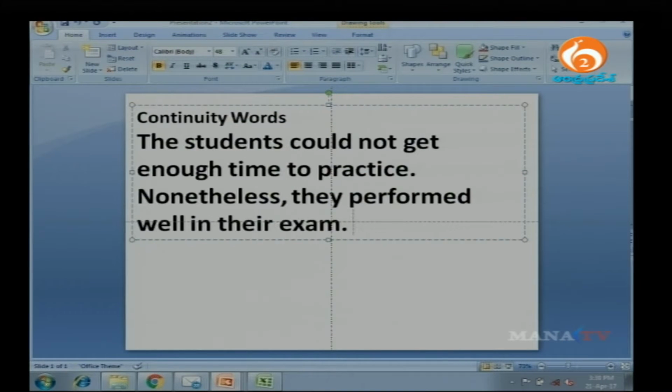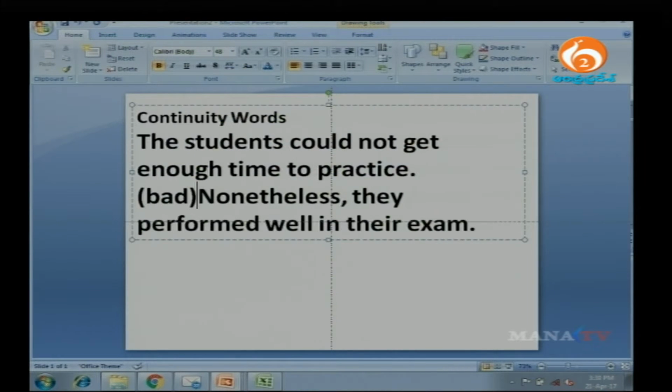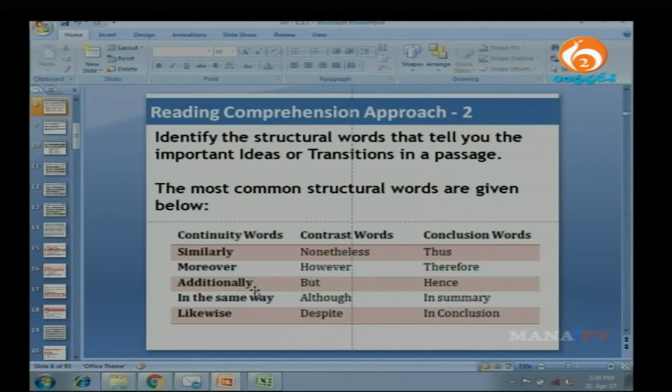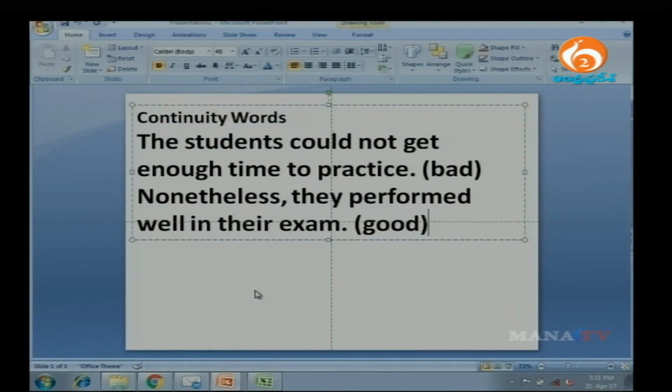Which means the student could not get enough time to practice, which is basically bad, right? Nonetheless, they performed well in their exam. Now, this is good. So, I am saying bad, then I am going opposite to it, good. That is what contrast words are all about. Nonetheless, they performed well. For example, let me pick another sentence here.